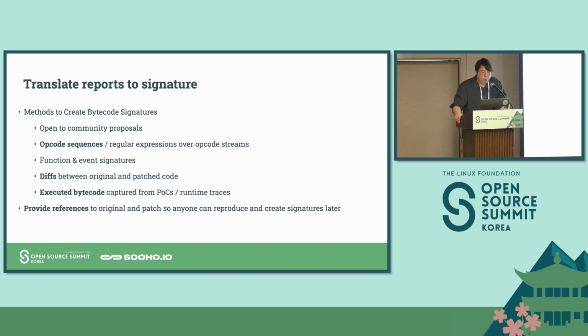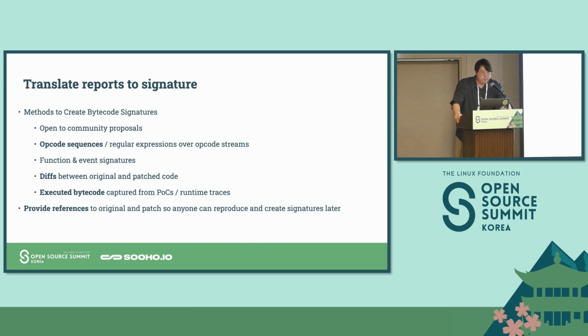There are several ways to turn audit reports into reusable signatures. I wish I could present exact numbers on the actual effectiveness, but the numbers aren't finalized until the presentation, so I'll just walk through the method conceptually.